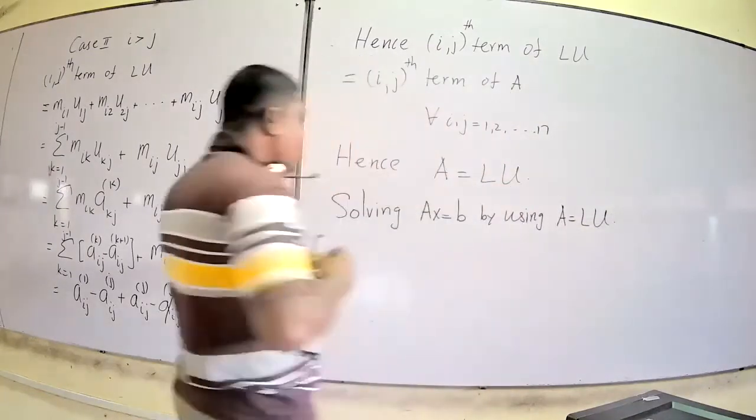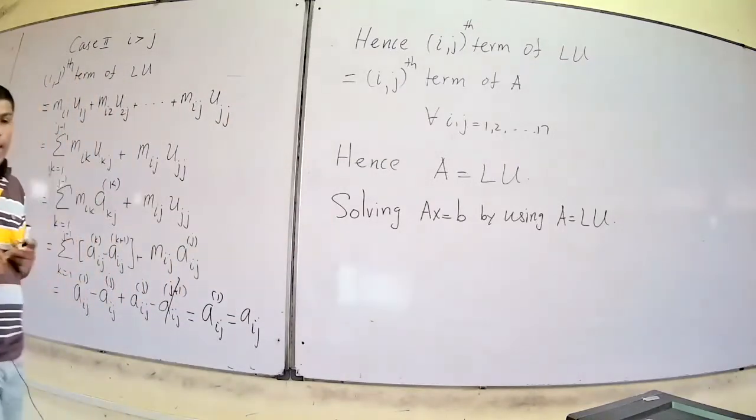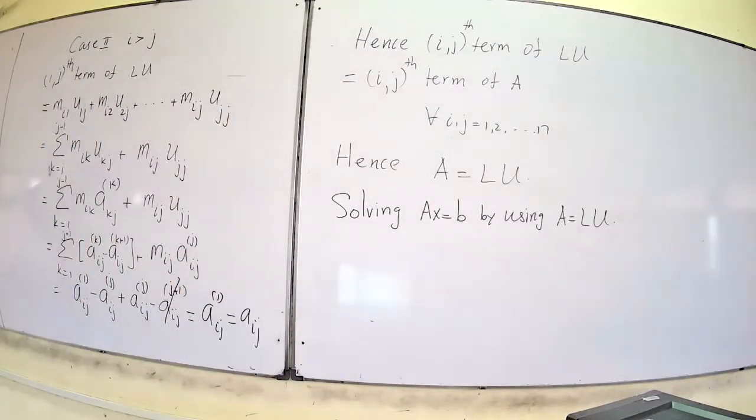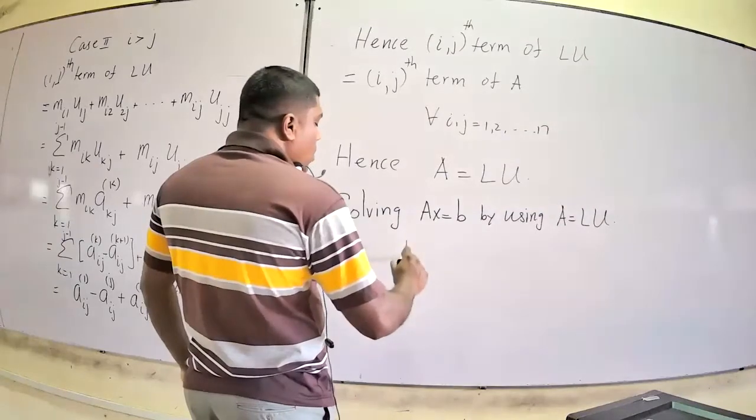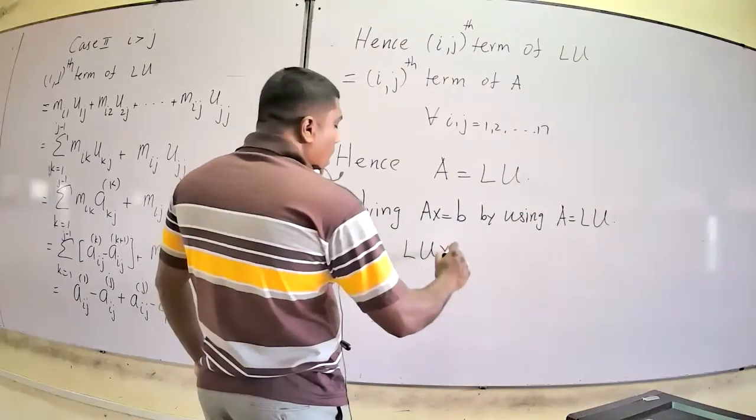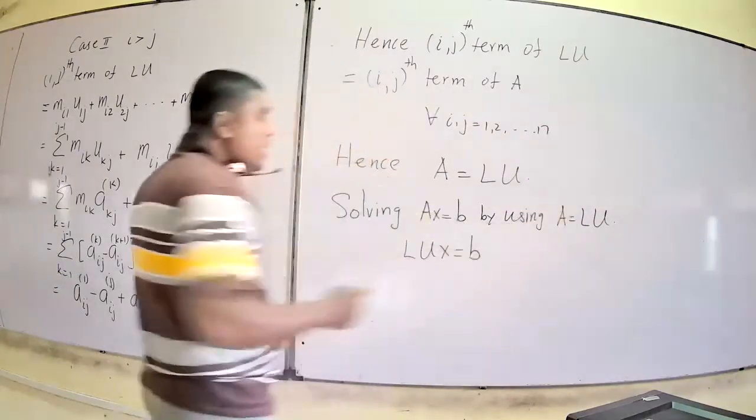You want to solve a system Ax equal to B. You know that Ax equal to B, so LUx is equal to B, because A is LU.